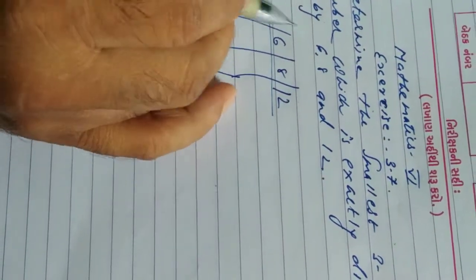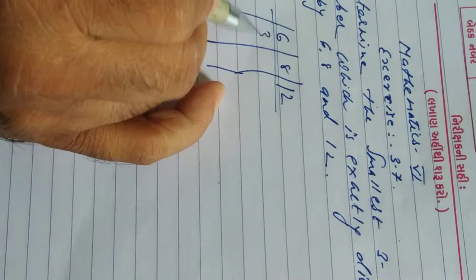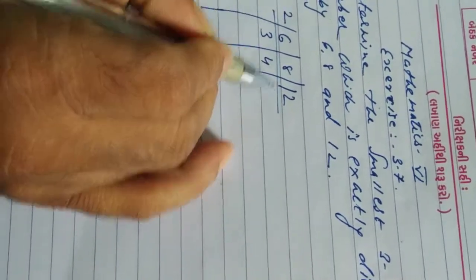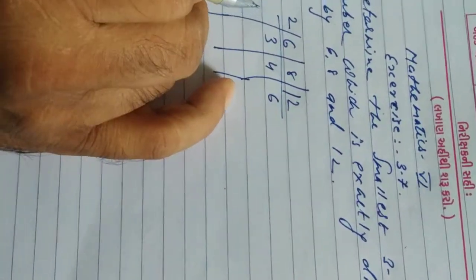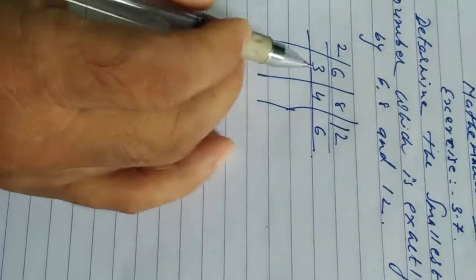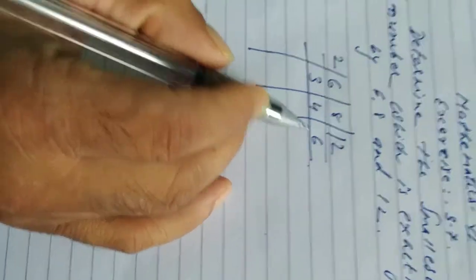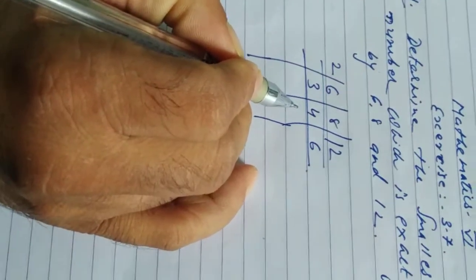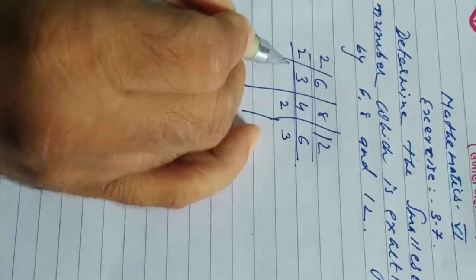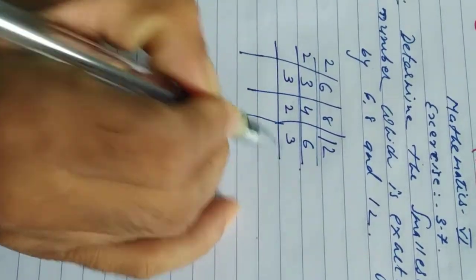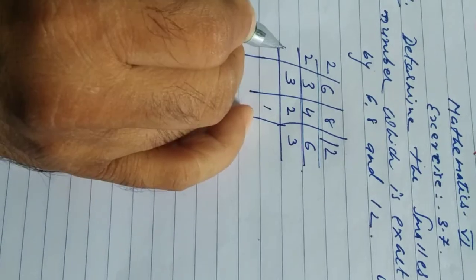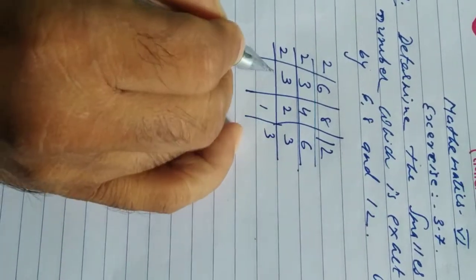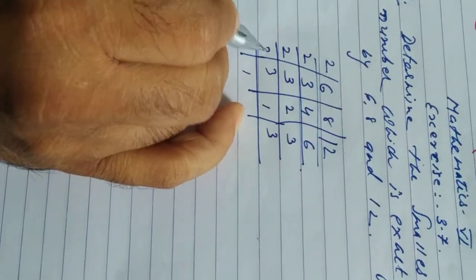All the given three can be divided by 2. 3 to the 6, 4 to the 8, 6 to the 12. Now the next three numbers, 3, 4 and 6. Out of them 4 and 6 can be divided by 2 while 3 cannot. Again 2 divides 2, and now 3.